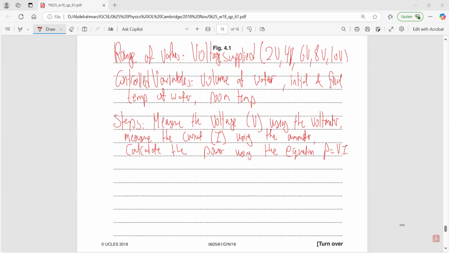Should I write down any precautions? Well, if you'd like to write down any precautions, yes. Using the equation P equals VI, we can say calculate the time.